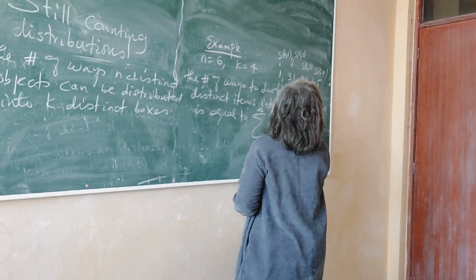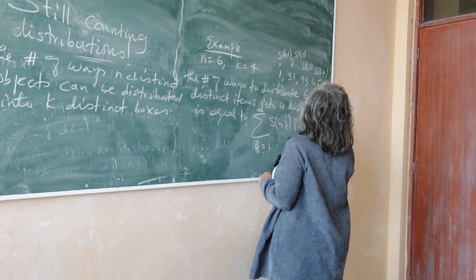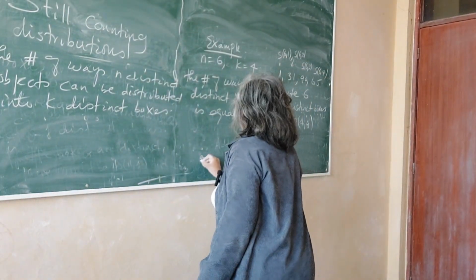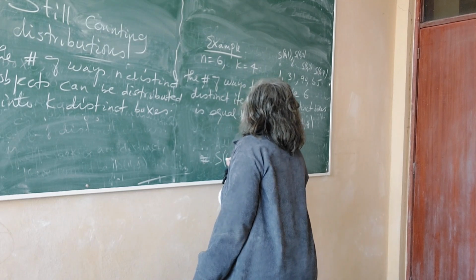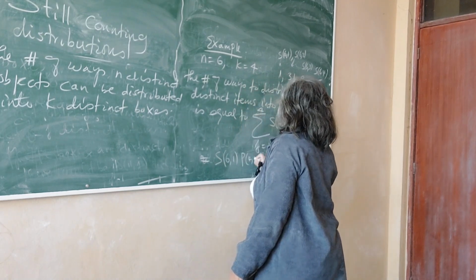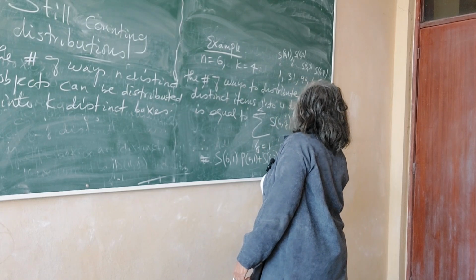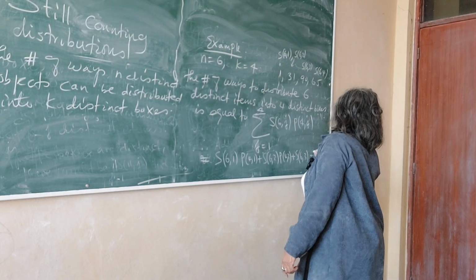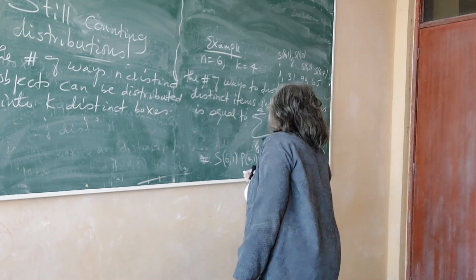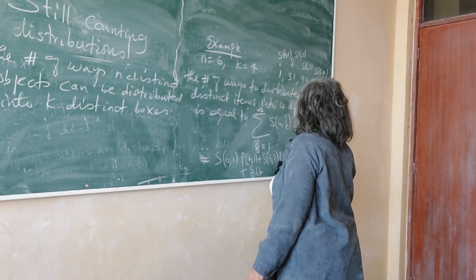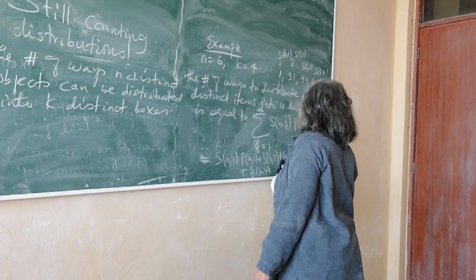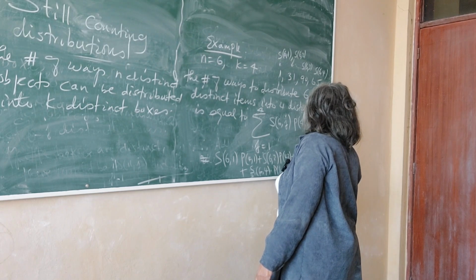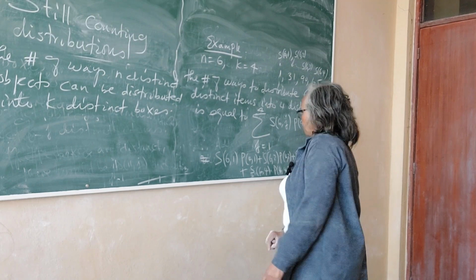S(6,j) times P(4,j). Well, this means this is equal to S(6,1) times P(4,1) plus S(6,2) times P(4,2) plus S(6,3) times P(4,3) plus S(6,4) times P(4,4).